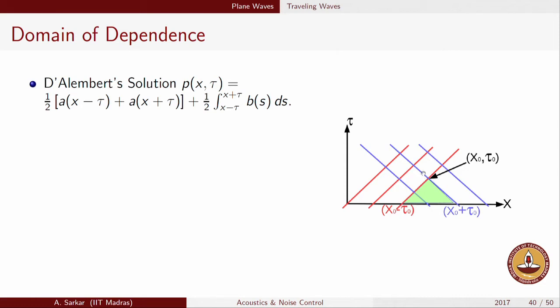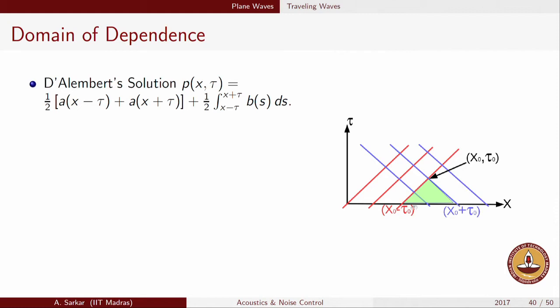So, wherever the two characteristic curves cross over the x axis, the A part of the solution will depend only on the boundary points, but the B part of the solution, since it is an integral, a definite integral, is integration within this interval where the red curve and the blue curve cross the x axis.